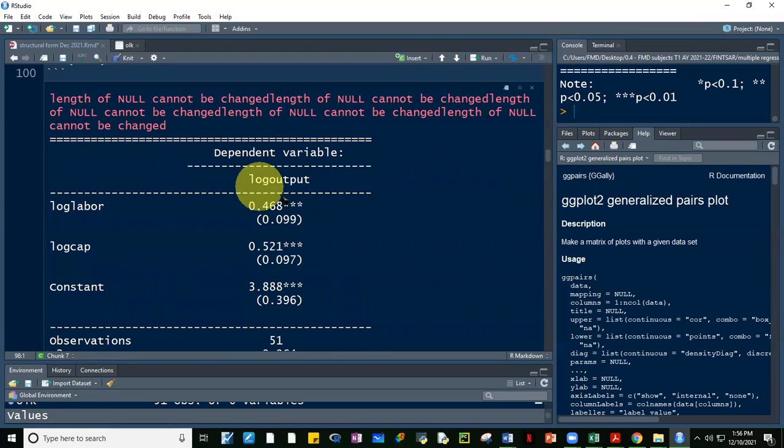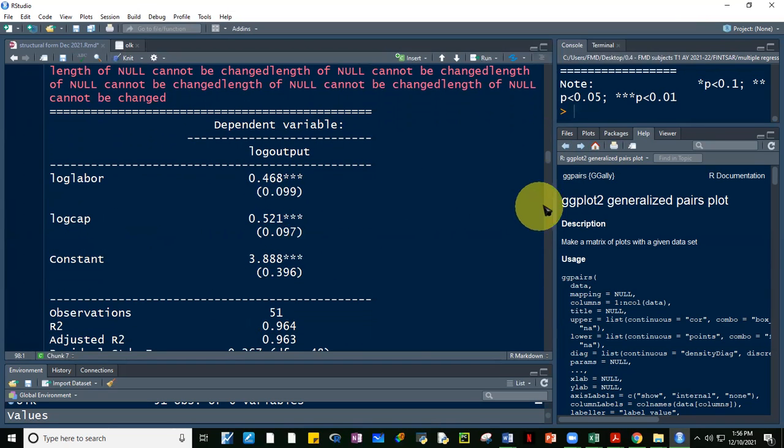So ito yung dependent variable natin, log output. Then you have these variables, log labor, 0.468. Okay, and then I think this is the standard error. And then log capital, 0.521, significant at, ilan to? 0.1%, no?